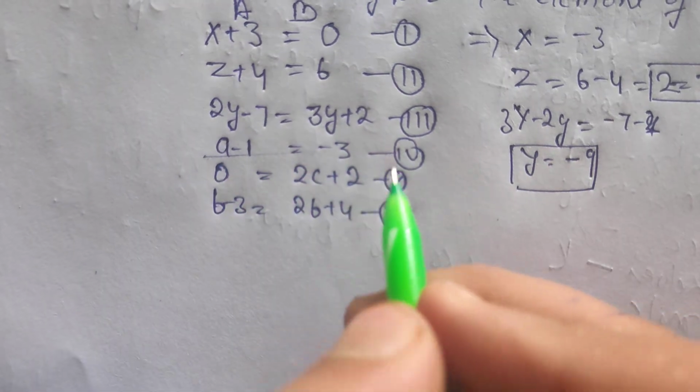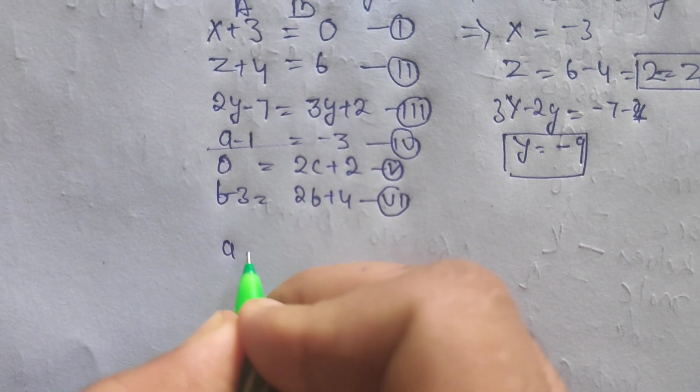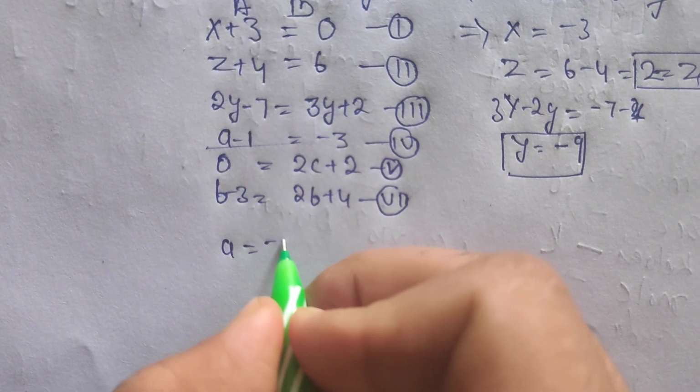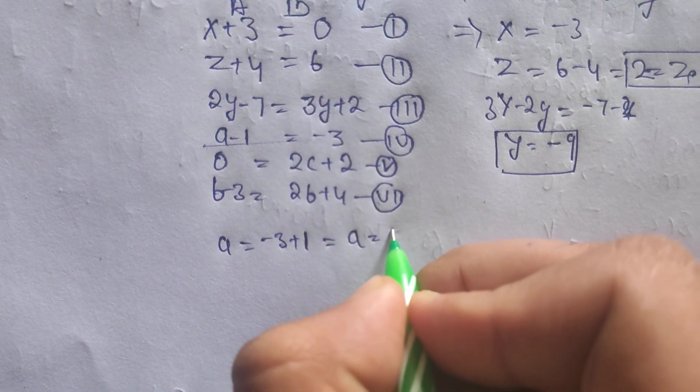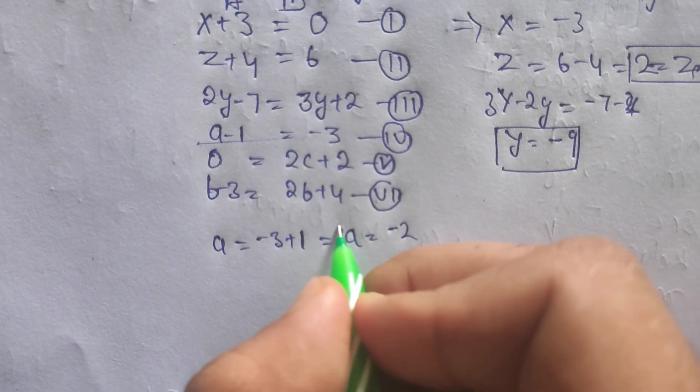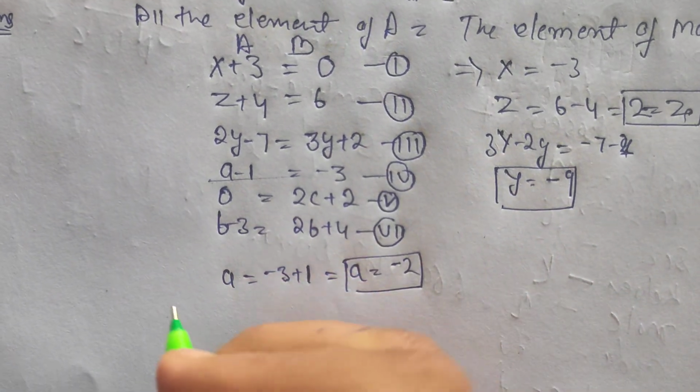For equation 4 we get a is equal to minus 3 plus 1, so a is equal to minus 2.